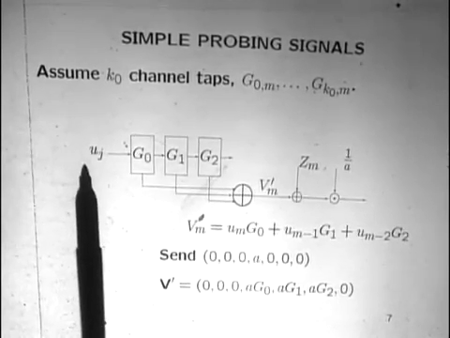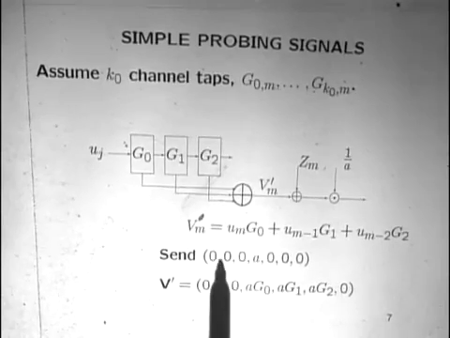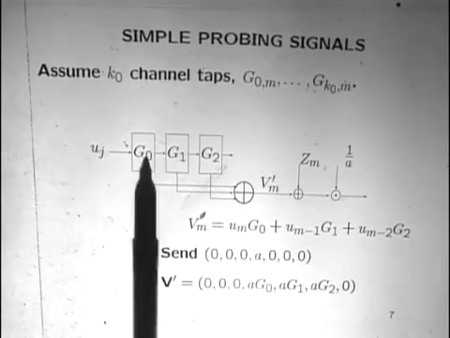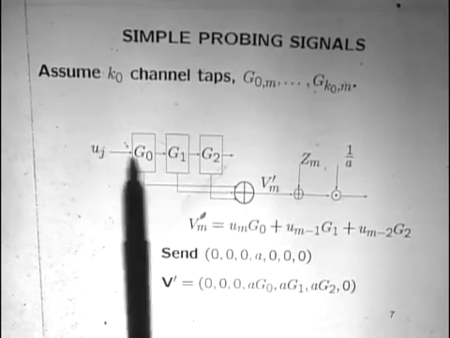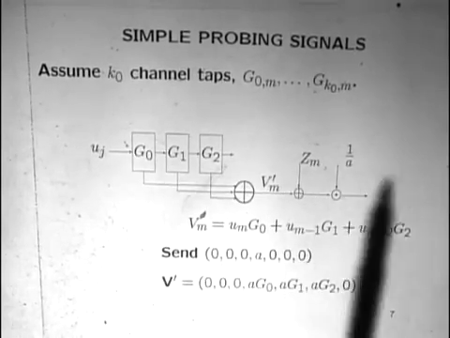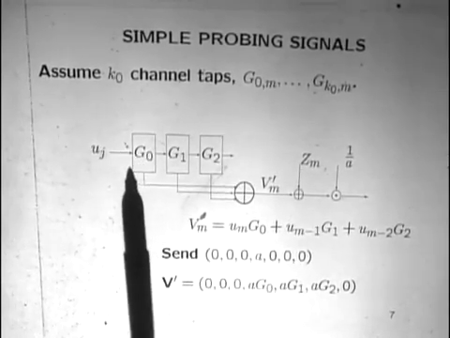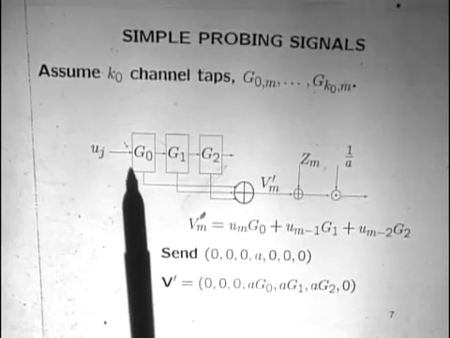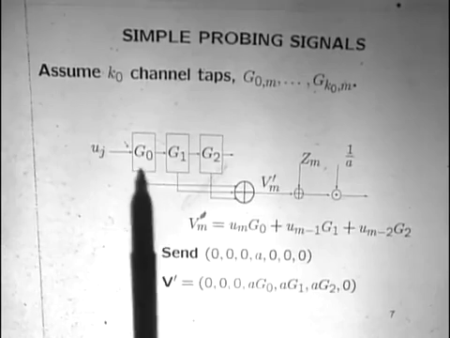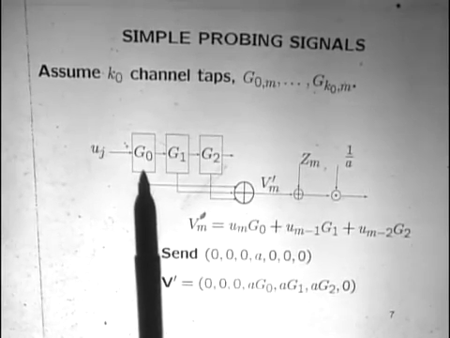The input is these channel variables, because that's the thing we're trying to measure in this measurement problem. We assume that the probing signal is known. It's just a bunch of zeros followed by an A followed by a bunch of zeros. So we know that. We're trying to estimate these things. So we try to find the probability density of the output conditional on the knowledge of G0, which is just the Gaussian density shifted to A times G0. Okay.